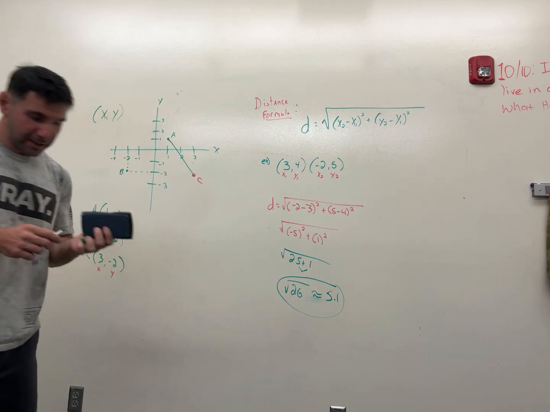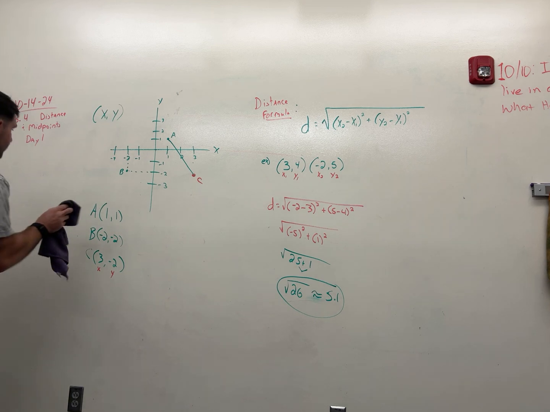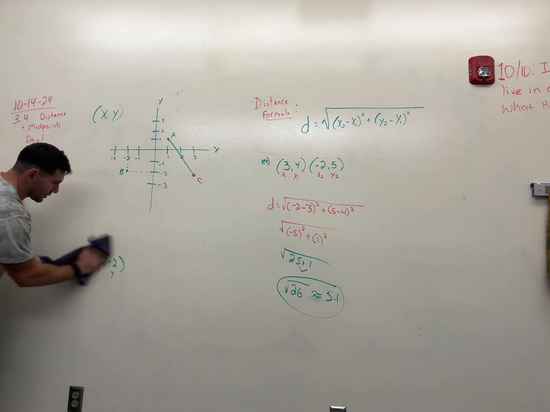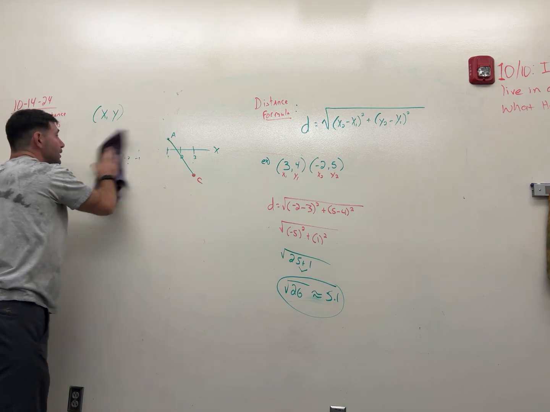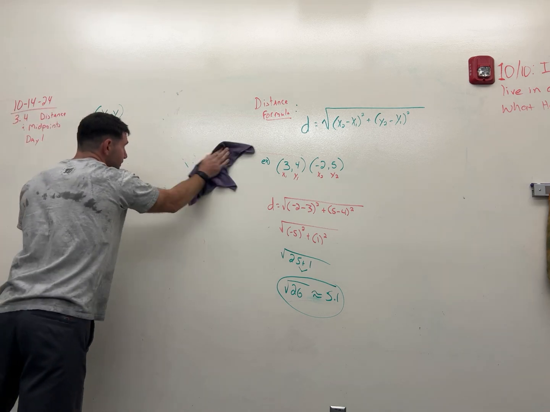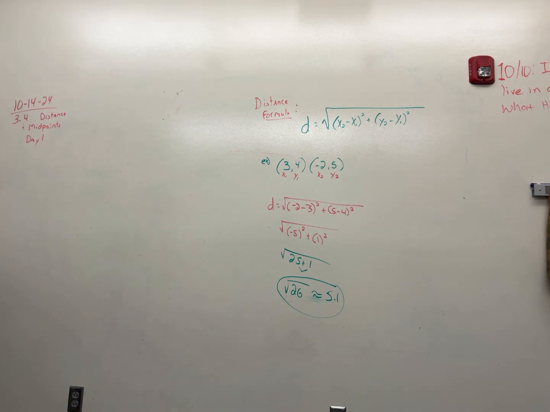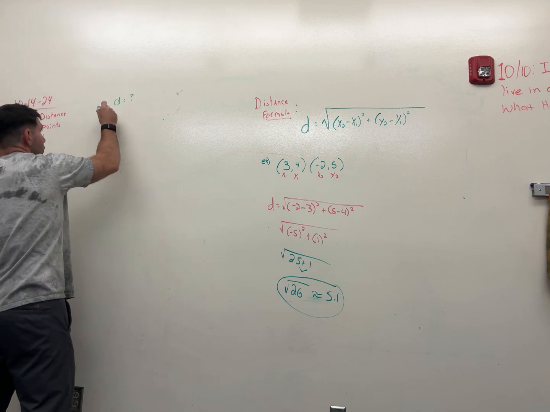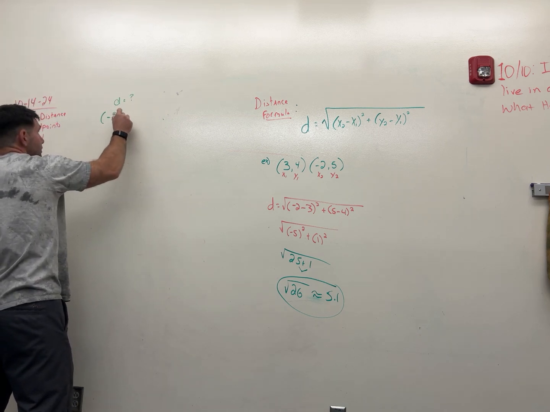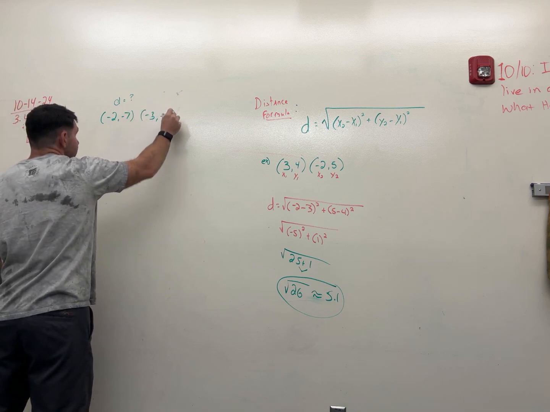Let's do another one now that I've screwed that all up. Shoo! Should have checked that calculator first. Here we go. This is all about substituting in. So let's do one more. Find the distance. D equals what? When? -2, -7, -3, -8.